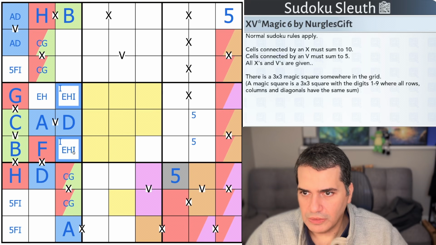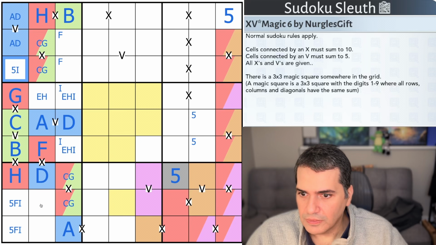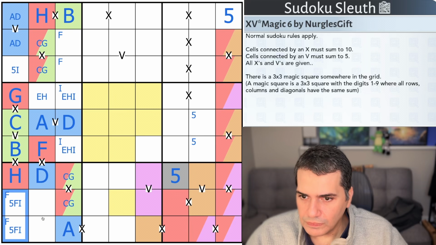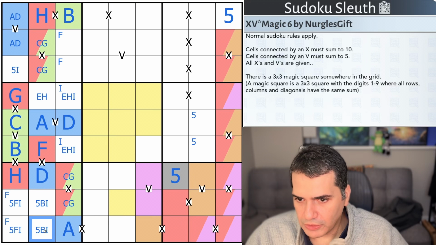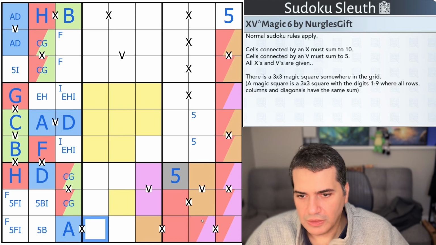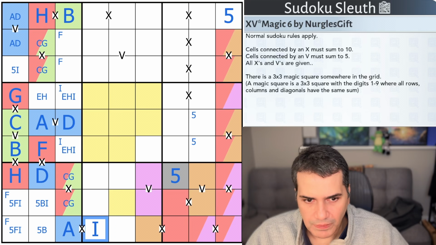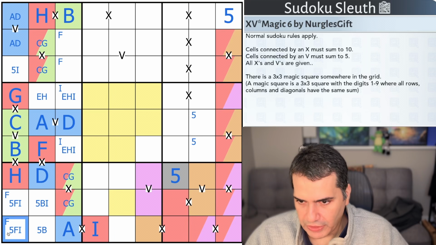So EHI means there is another EHI and an F in one of these two cells, presumably, and therefore this is not F. F is in one of these two. And then I have B with 5 or I. I'm going to pencil mark it, just remove the I. In fact, the I is definitely in here now, given this X, and therefore this is not I either.